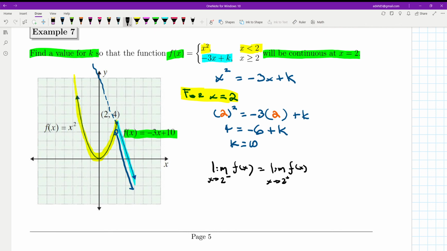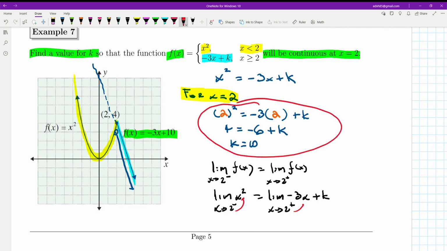From the left we have the limit of x squared as x approaches 2, and from the right the limit of negative 3x plus k as x approaches 2. When we evaluate these limits, it is the same as doing all this that we got here. Either point of view is fine.